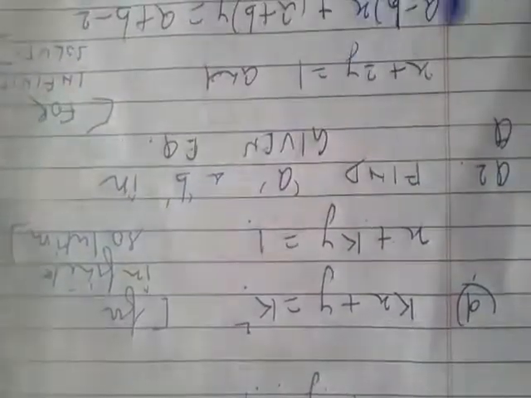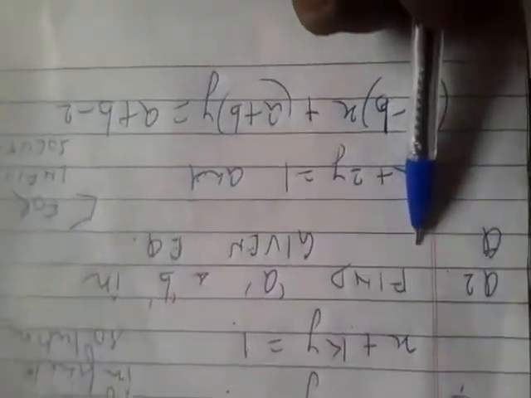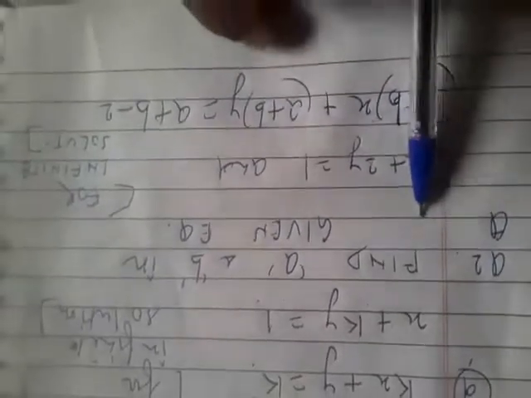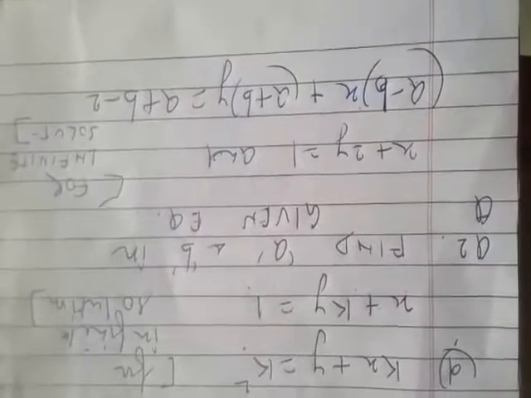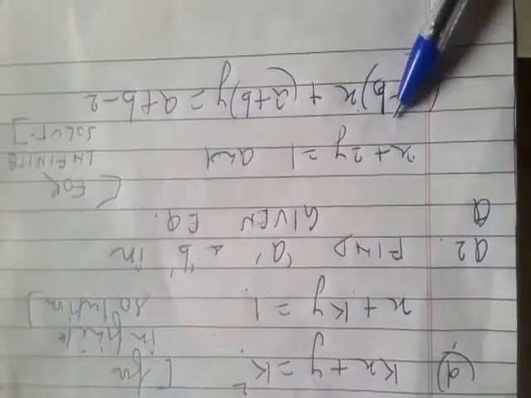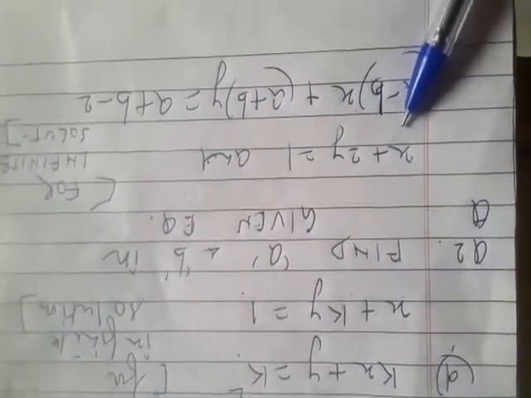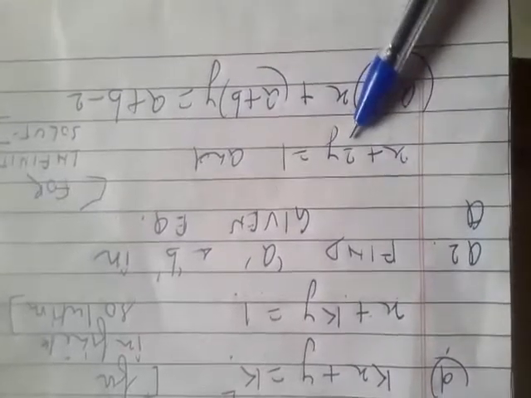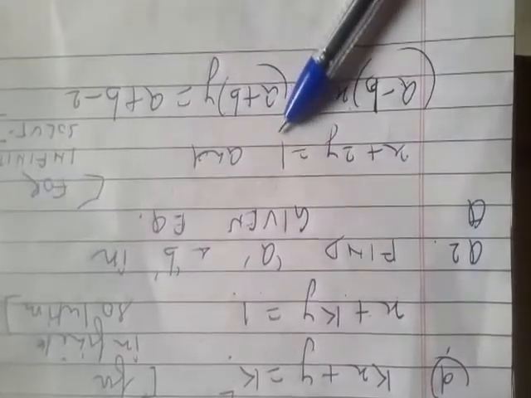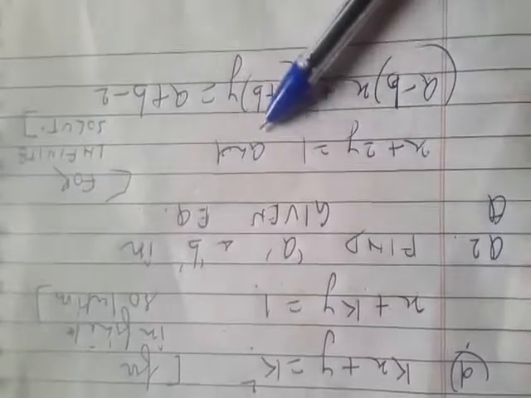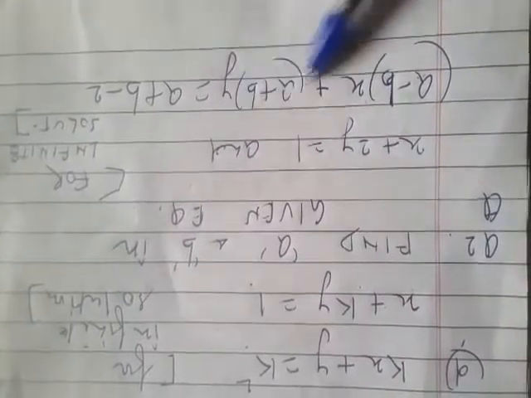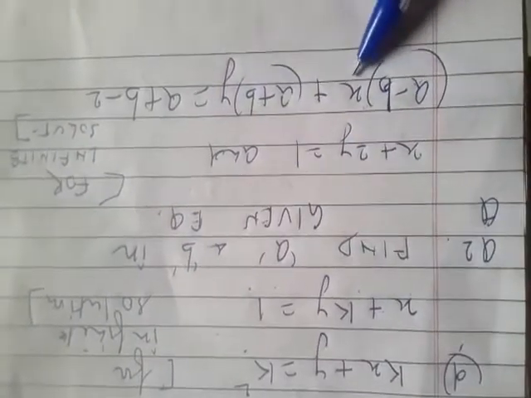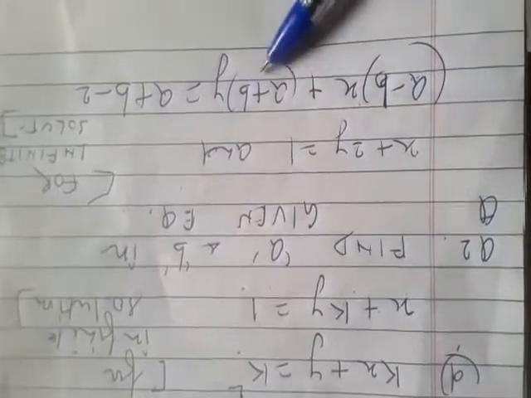Here in the second question, you have to find a and b in the given equations such that x plus 2y is equal to 1 and a minus b into x plus a plus b into y is equal to a plus b minus 2.